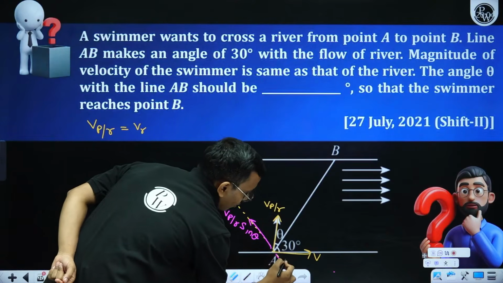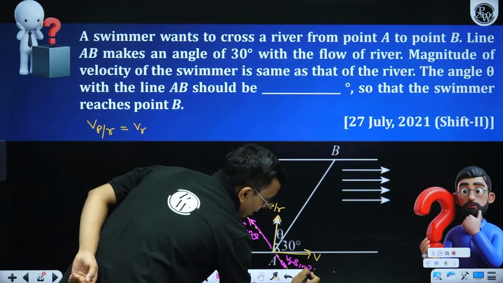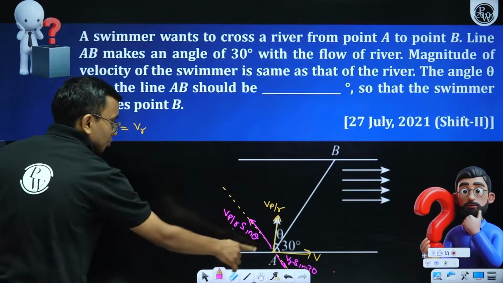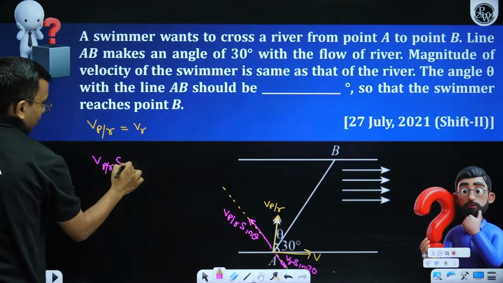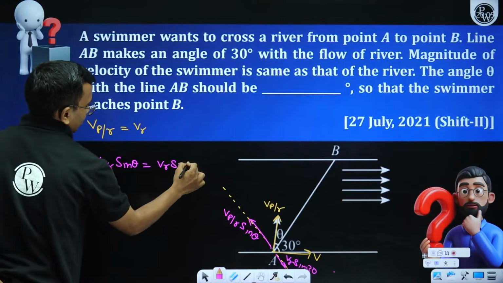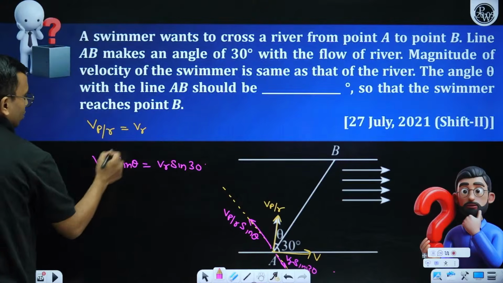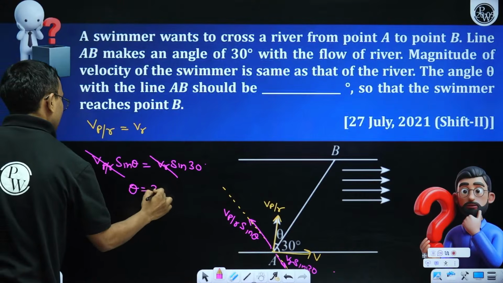This is velocity of river into sine of 30. They should cancel each other. It means they have to be equal. Velocity of person with respect to river, sine theta is equal to velocity of river, sine 30. These two are equal. This is getting cancelled. Theta comes out to be 30 degree.